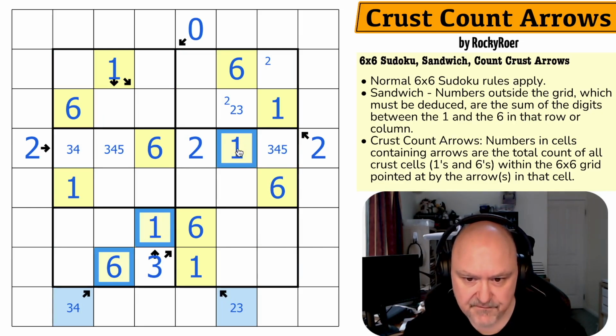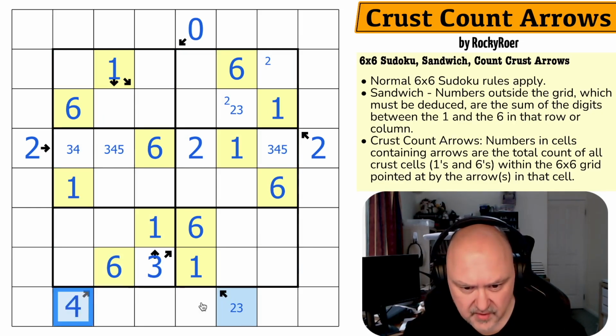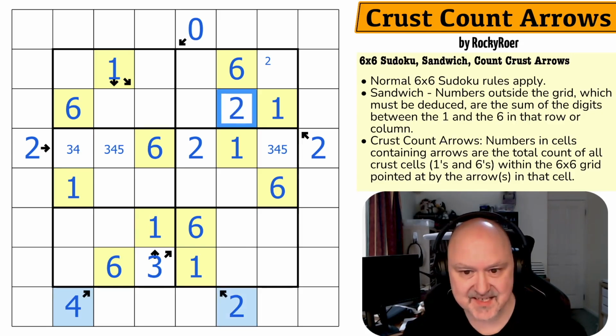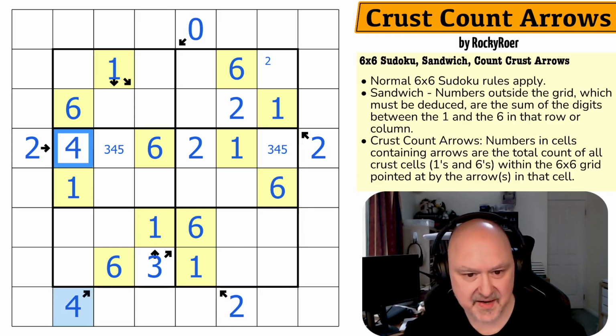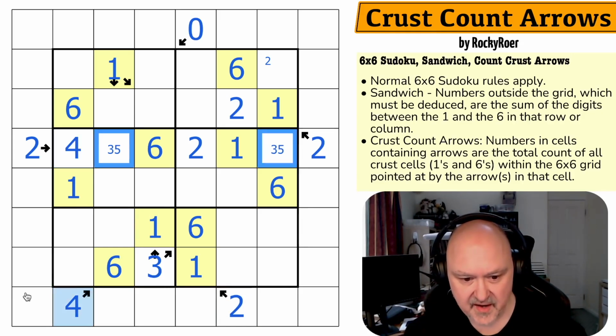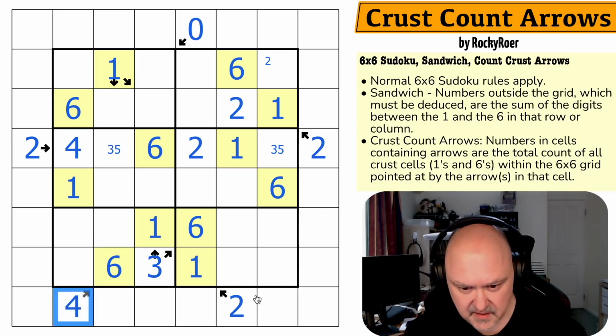This is seeing 4. That is a 4. This is seeing 2. That's a 2, which is that sandwich clue. That sandwich is now done, and this is a 4 sandwich, making that a 4, taking 4 out of there. This sandwich is now done.